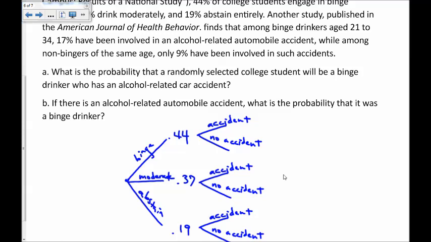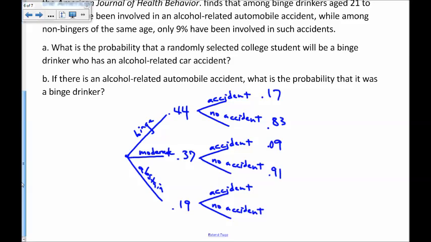Okay, 17%, which means that 83% have not been involved in an accident. I guess an alcohol-related car accident. Of those who drink moderately, 9%. Whoops, that's 0.09, not 0.9. And no accident is 0.91. And for those that abstain, they can't be in an alcohol-related car accident, at least cause one, because they don't drink. I'll say 0%, and no accident is 100%.